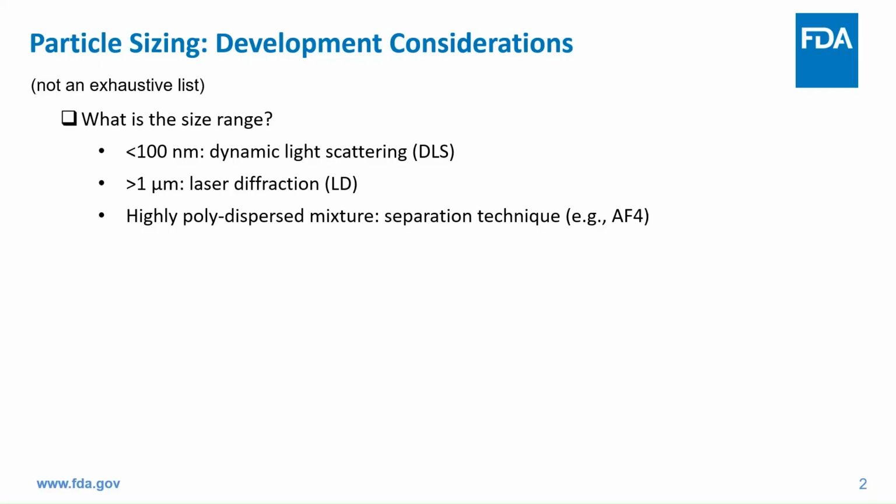Those techniques can be useful if you are interested in separating to know what is in this population, exactly what the smaller portion is and what the larger portion is, what the relative composition is, and also what their potential impact is in overall contributing to the size distribution. So in those cases, you might want to consider a separation technique.